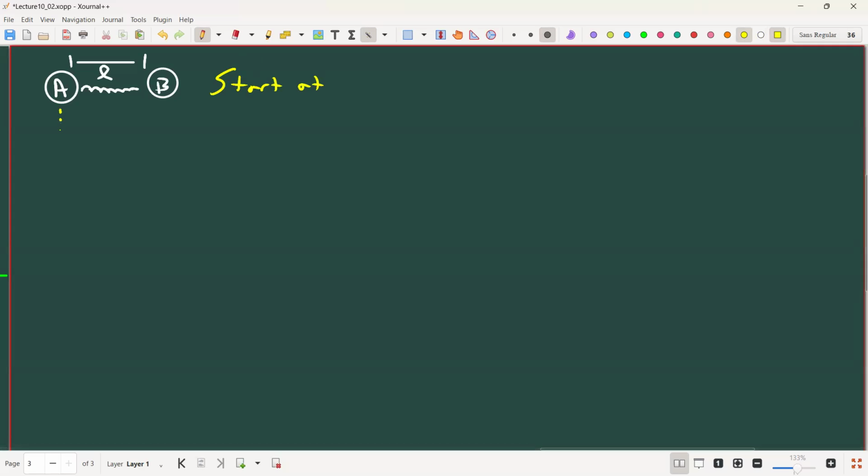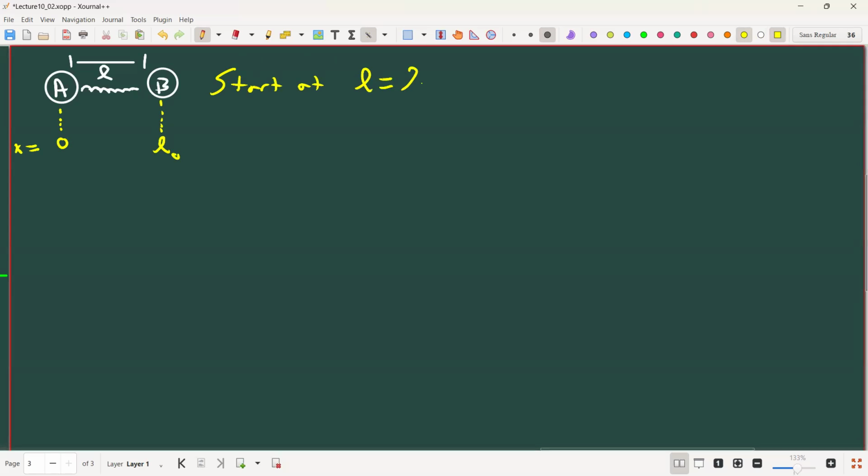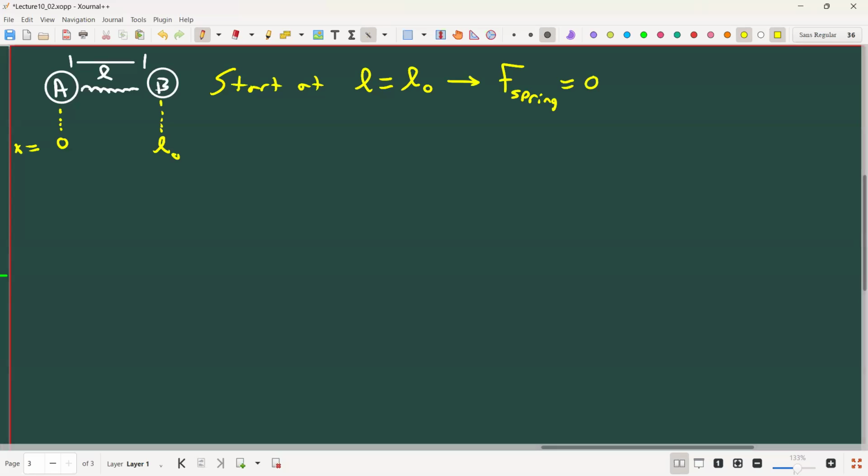And let's define the axis system so that this is at 0 and this is at some value L. So we're going to start at length equals L naught, and here the force of the spring is 0, because it's at equilibrium, it doesn't really feel a force one way or the other.